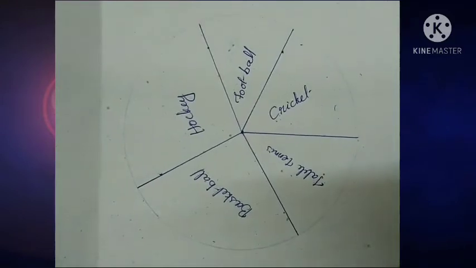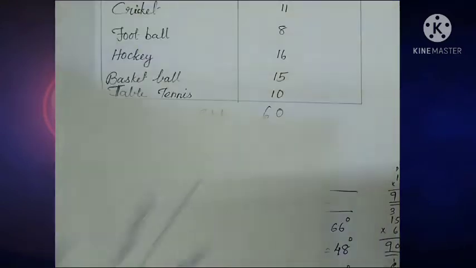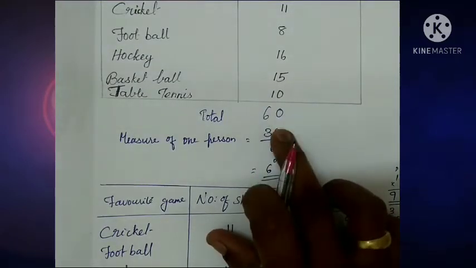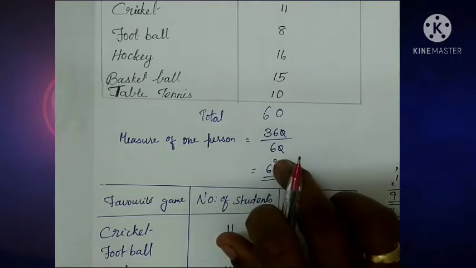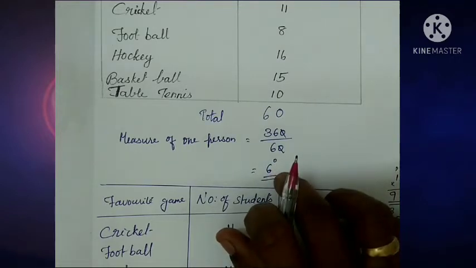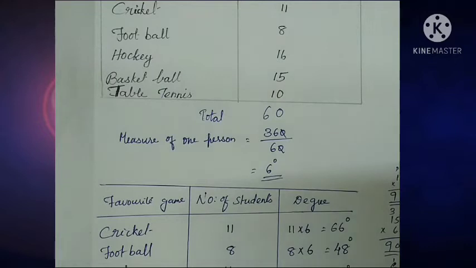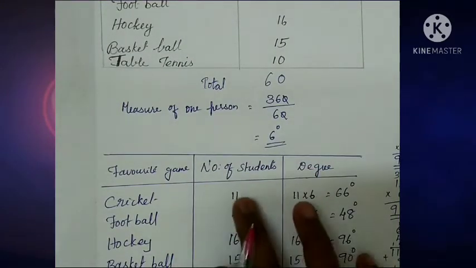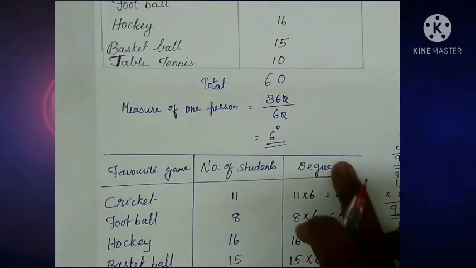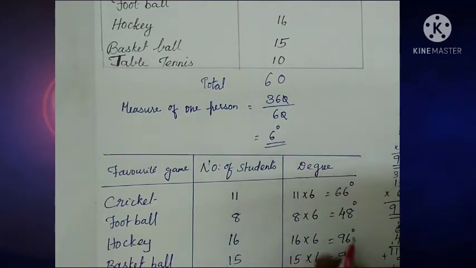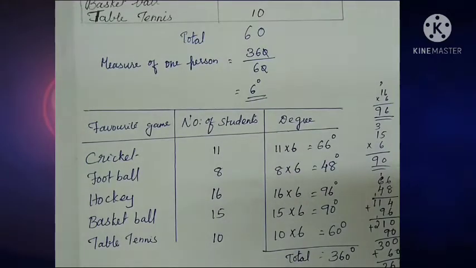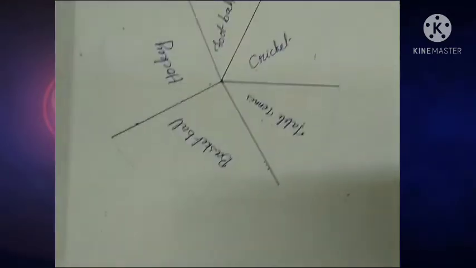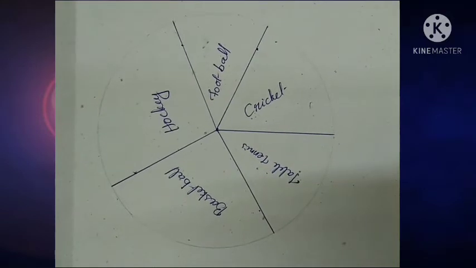Understand? What is the first procedure? The first procedure, you want to find out each person's measurement in degree. So after that measurement you have to multiply by each favorite item. Then you get the degree measurement, and then using this degree measurement you have to mention the details in a circle.